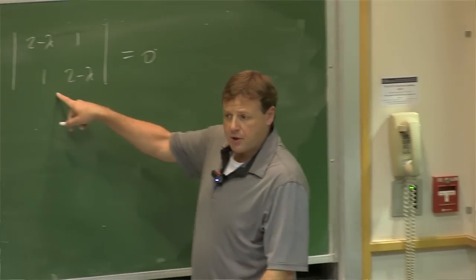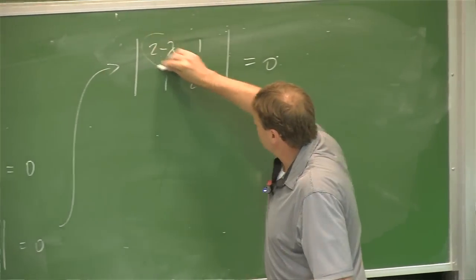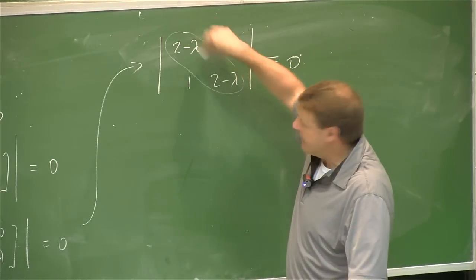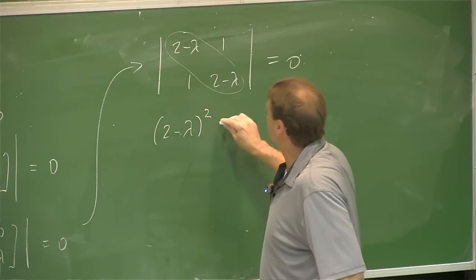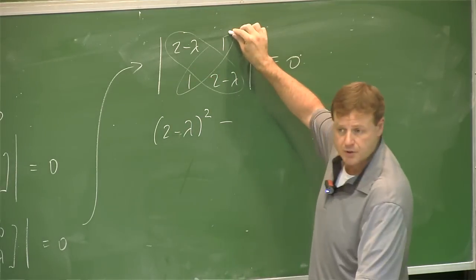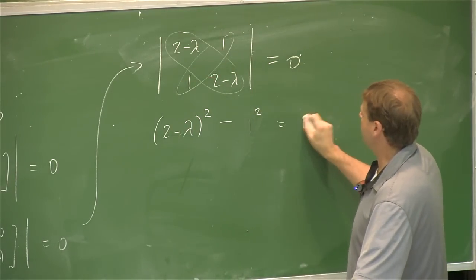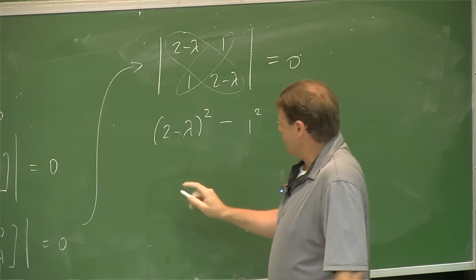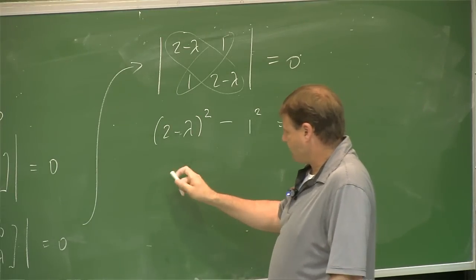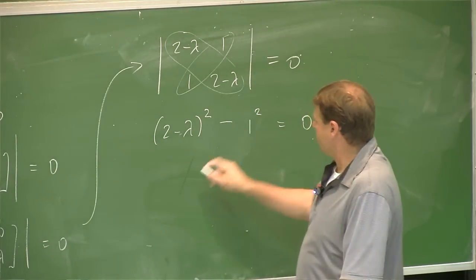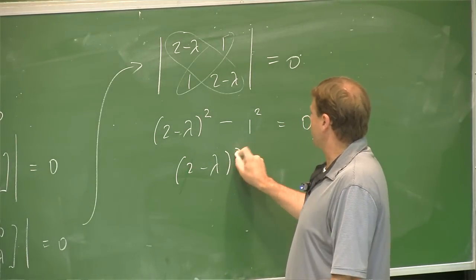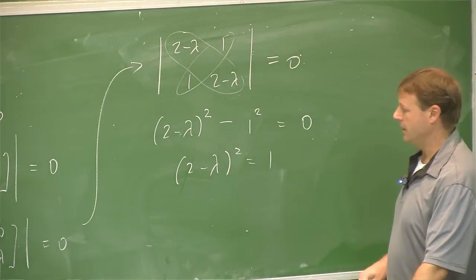Okay, so we can take this determinant. The determinant is AD minus BC, so that's (2 minus lambda) squared minus 1 squared equals 0. Let's multiply it out, or you can solve it however you want. Let's just say (2 minus lambda) squared equals 1.